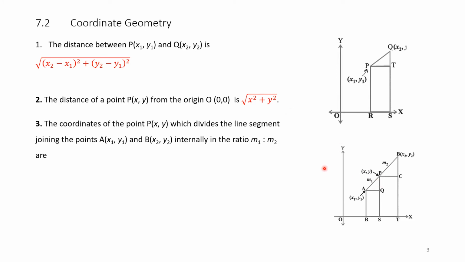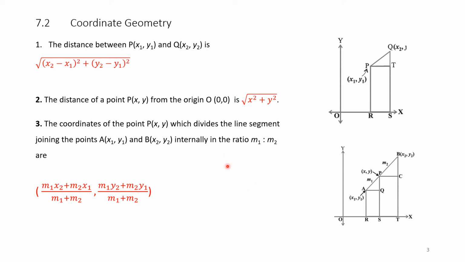Point number 3. The coordinates of the point P(x, y), which divides the line segment joining the points A(x1, y1) and B(x2, y2) internally in the ratio m1 is to m2, are given by the equation (m1 x2 plus m2 x1) divided by (m1 plus m2) comma (m1 y2 plus m2 y1) divided by (m1 plus m2).